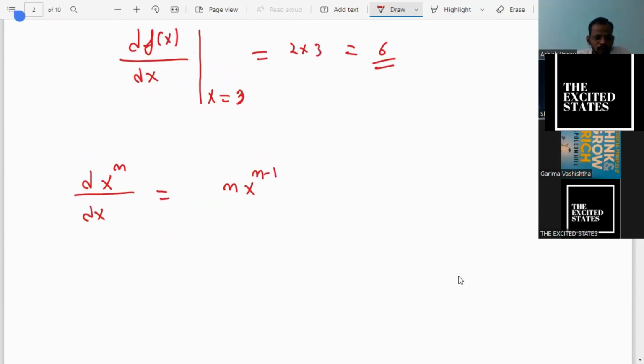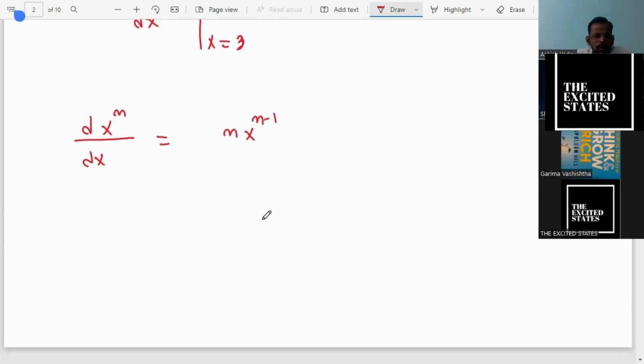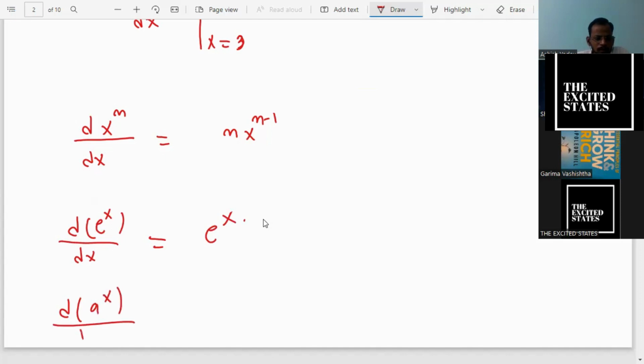The derivative of e raised to the power x with respect to x is simply e raised to the power x. And the derivative of a raised to the power x with respect to x is a raised to the power x into ln a.